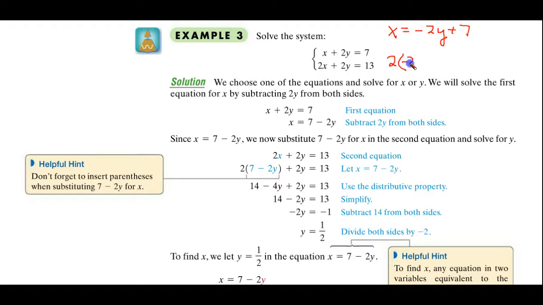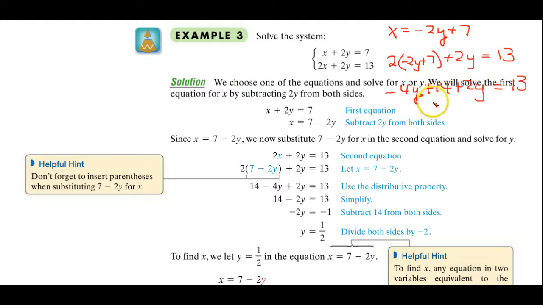A negative 2y plus 7 plus 2y, that's this one, equals 13. So now I distribute, I get a negative 4y plus 14 plus 2y equals 13.